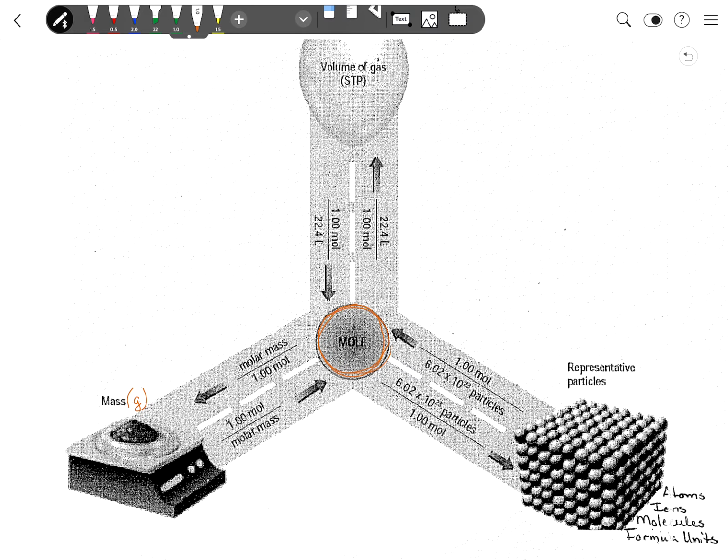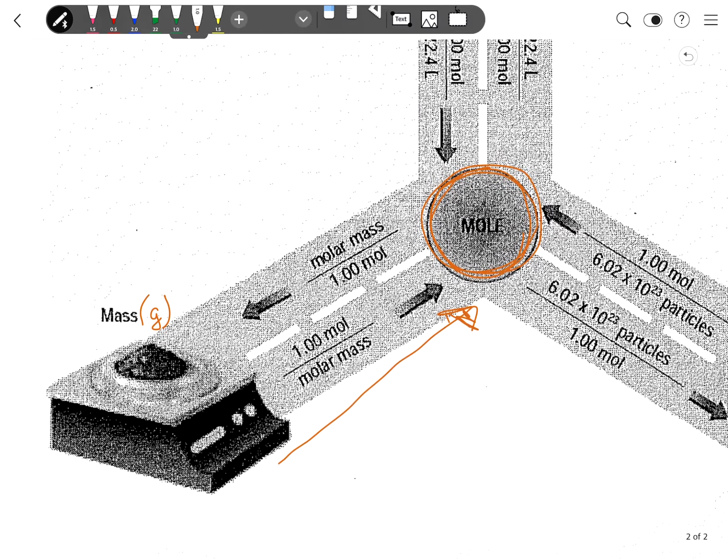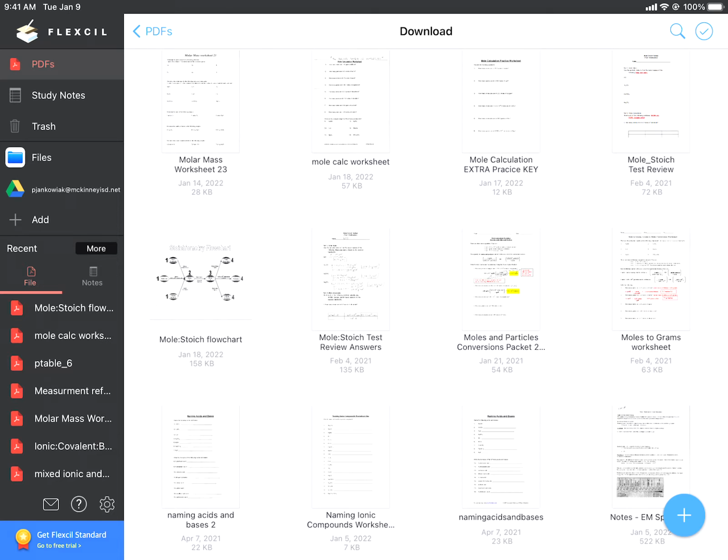So we have to go from mass all the way to the mole, and you look at the arrow you're following to get there. That direction tells us we have to write 1 mole over the molar mass of lithium.